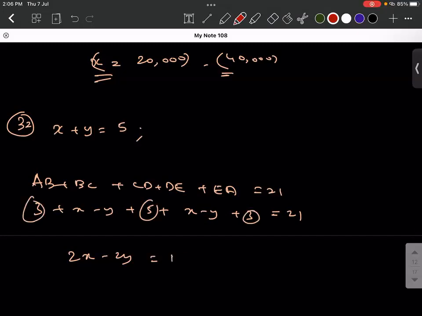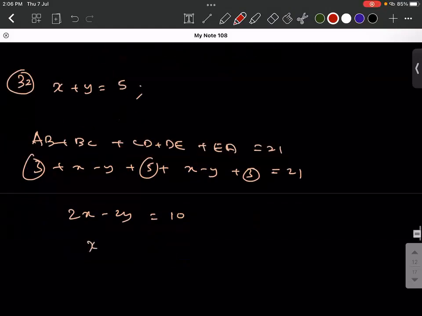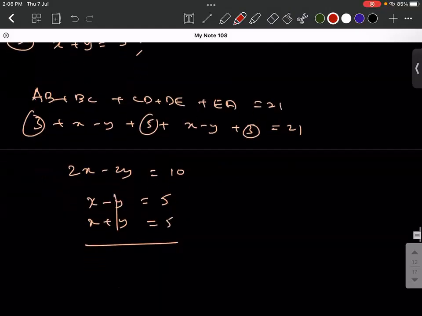It goes to the other side, it becomes 10. So x minus y is also 5. X plus y is 5 and x minus y is 5. Add them, 2x is equal to 10 and x is equal to 5. Y is 0. Option B.